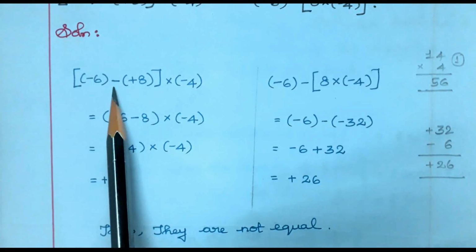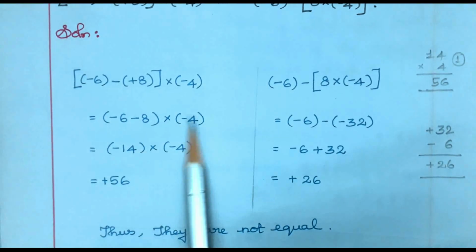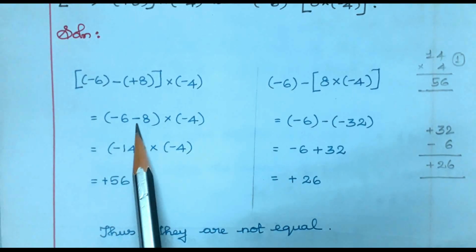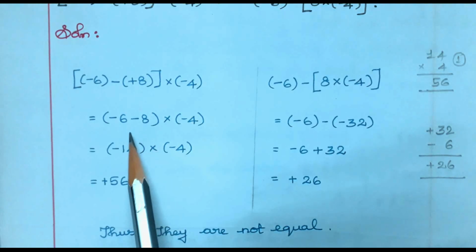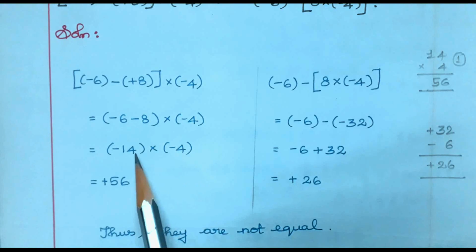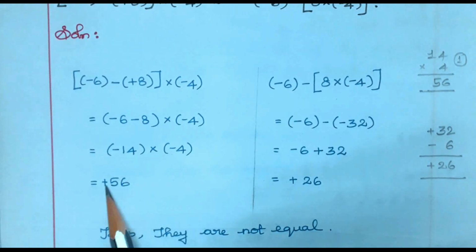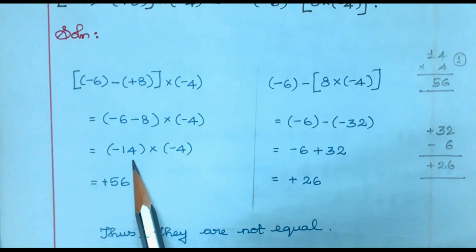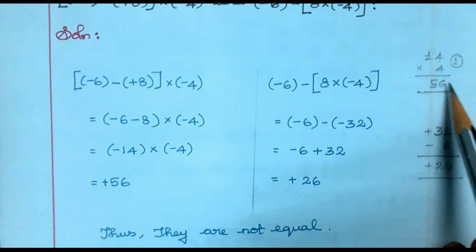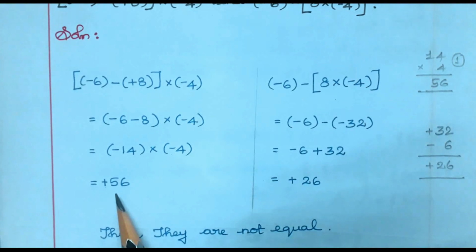Minus into plus is minus. So minus 6 minus 8, into minus 4. Both the signs are equal, so add: 6 plus 8 is 14, the biggest number's sign is minus, into minus 4. In multiplication, if both the signs are the same, then we put plus. When you multiply 14 into 4, 4 4s are 16, remainder 1, 1 4 is 4, plus 1 is 5. So now the answer is plus 56.